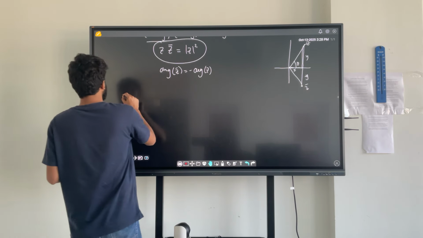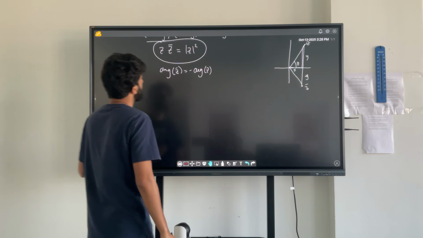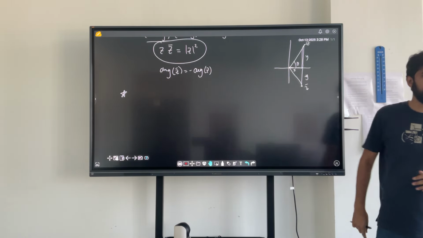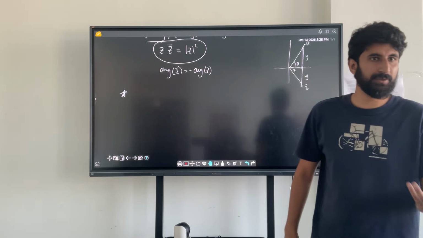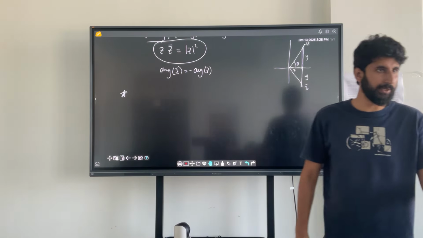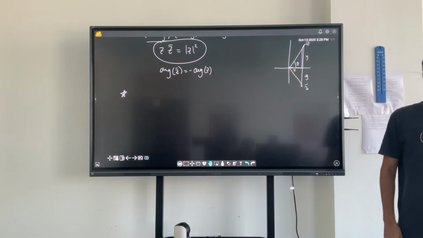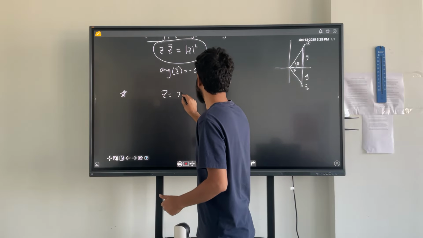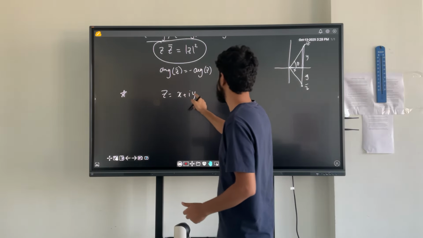Let's move ahead. Now, these two numbers which represent z, there is a distinction between the two. One of them comes with the iota, the imaginary unit. The other is without the imaginary unit. Remember, z is equal to x plus iy. These two are real numbers.